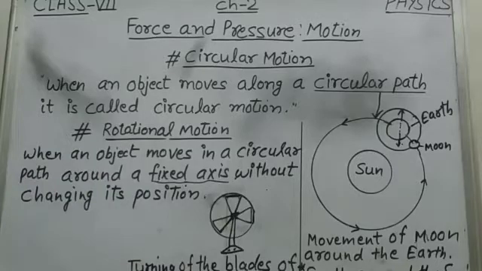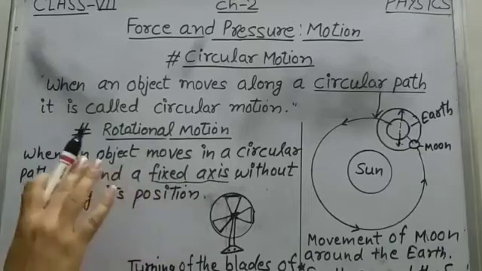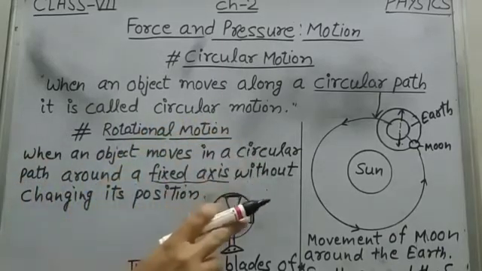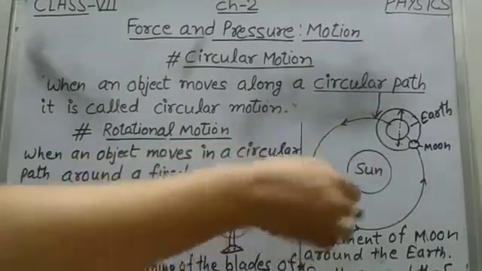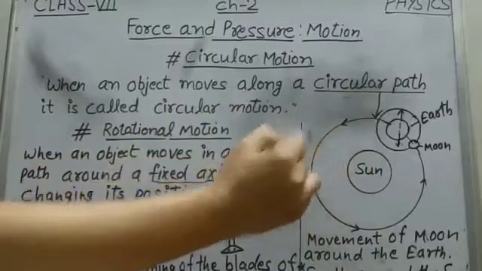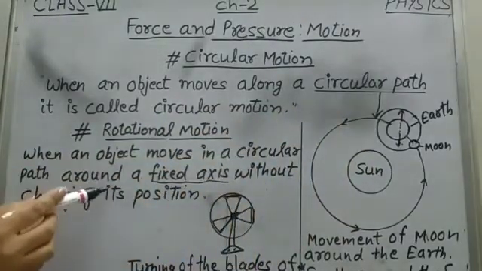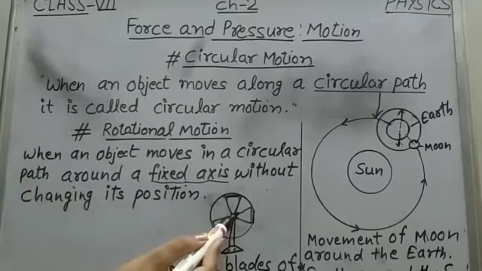Now children, please note the difference between circular motion and rotational motion. In circular motion, an object as a whole travels along a circular path, while in rotational motion, the object spins around a fixed axis.